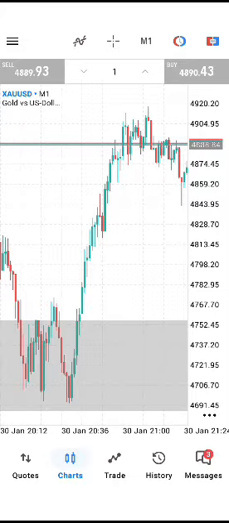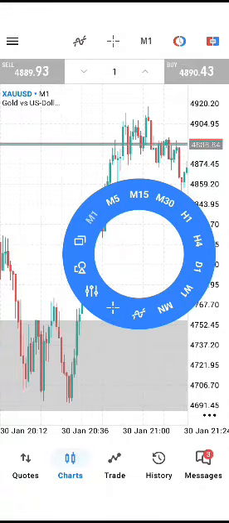What you normally need to do if you want to analyze the forex market is go to the higher time frame. The higher time frames start from monthly. This is monthly, this one is weekly, this one is daily.